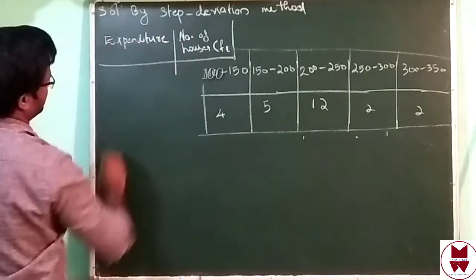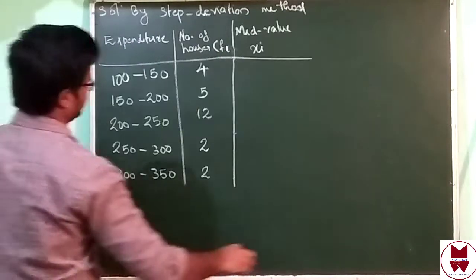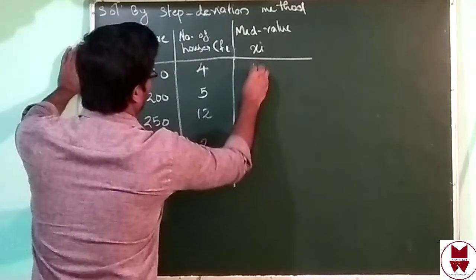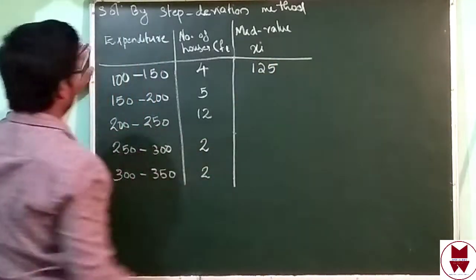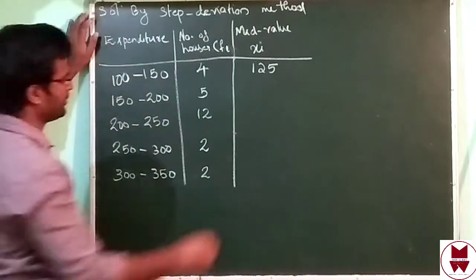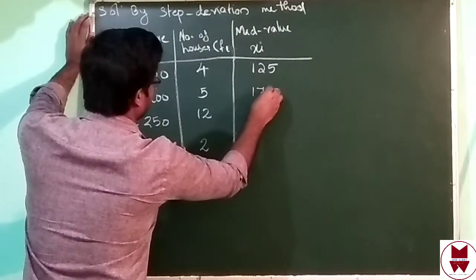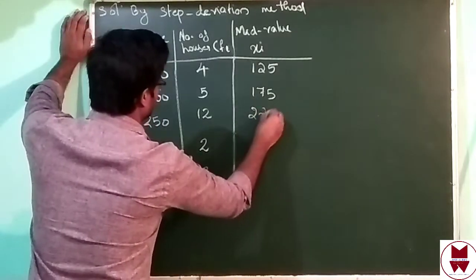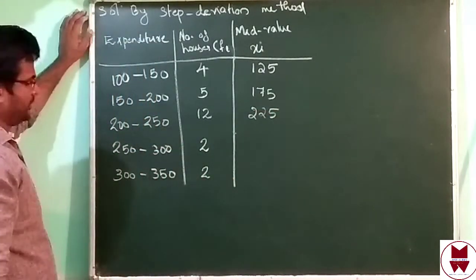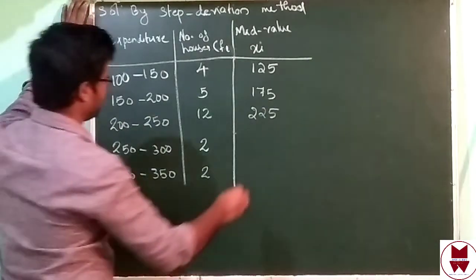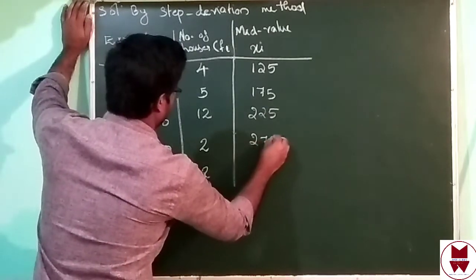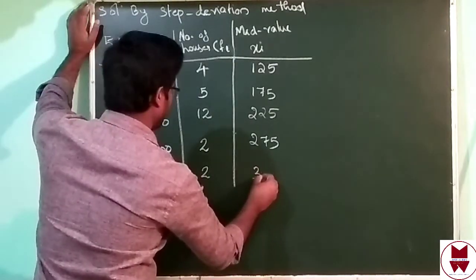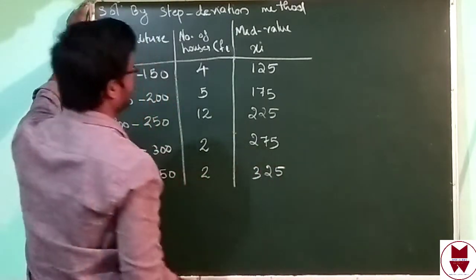Then expenditure we can write first. In between 100 and 150 is 125. Then 150 and 200, 175. 200 and 250, 225. In 250 and 300, 275. Then 300 and 350, 325.